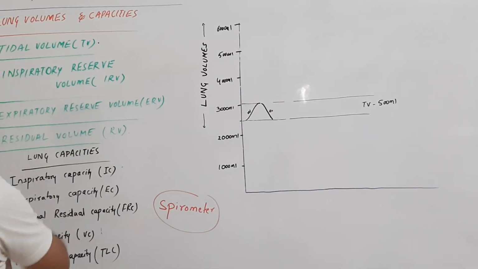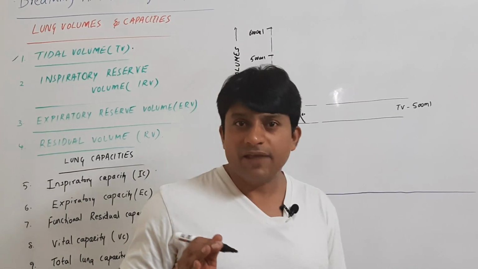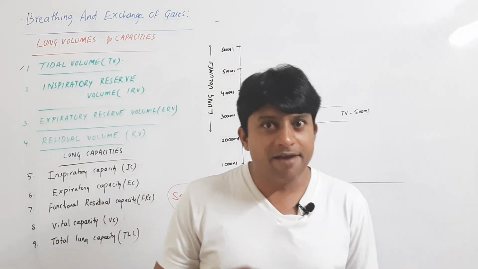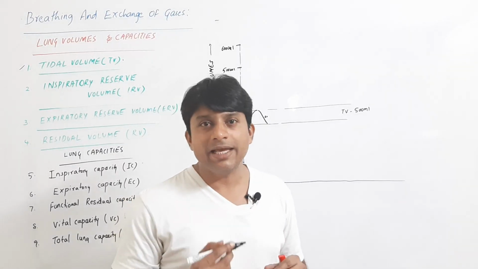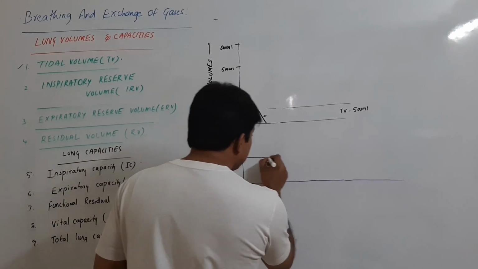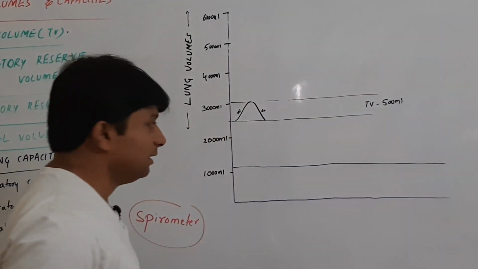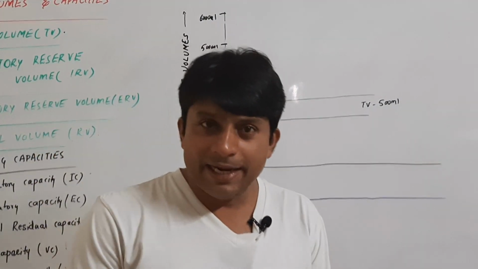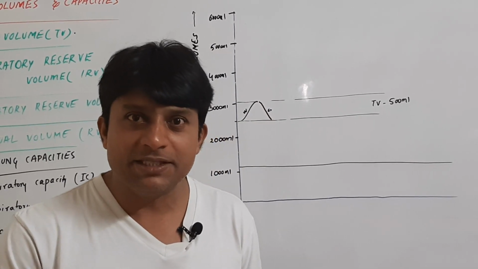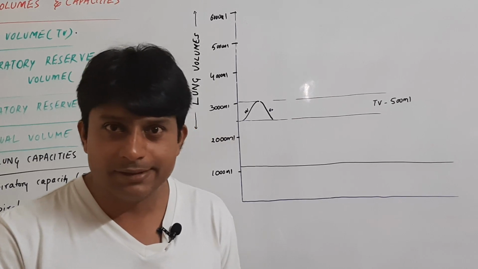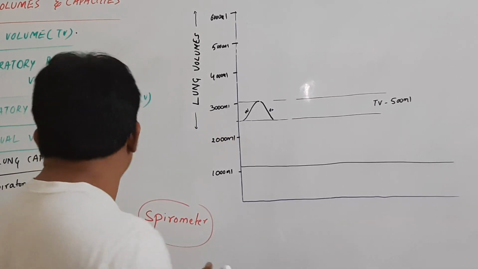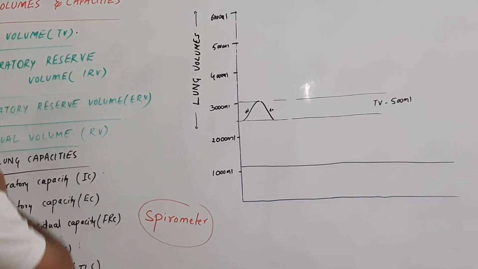Next, there is some amount of air present in the lungs every time, which is not involved in any exchange, right? So this volume of air that is present in the lungs, in the microscopic spaces of the alveoli of the lungs, and which is not involved in any kind of exchange, is called residual volume, right?